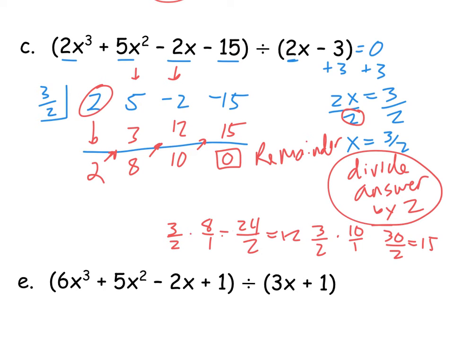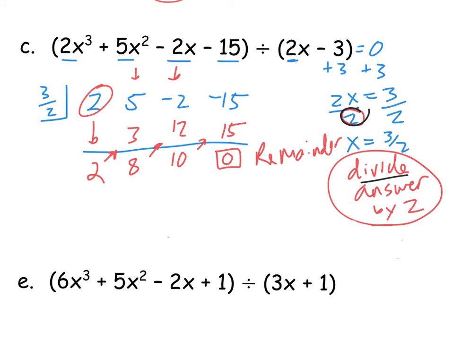But the key now is this. I got my answer. I just have to write it with the x's in there. But before I do that, we have to remember that because we divided by this 2 here, we have to divide our answer by 2. That means all of these we have to divide by 2.